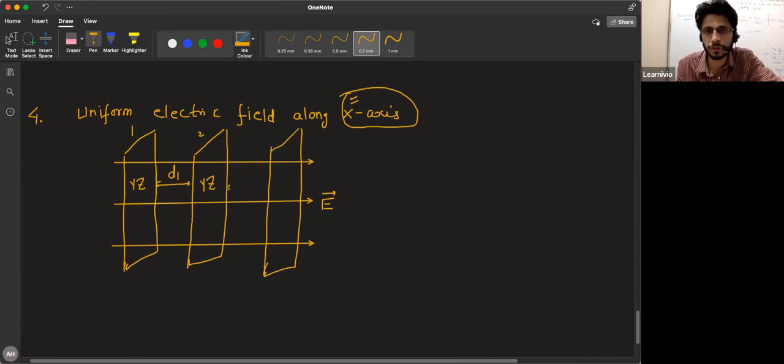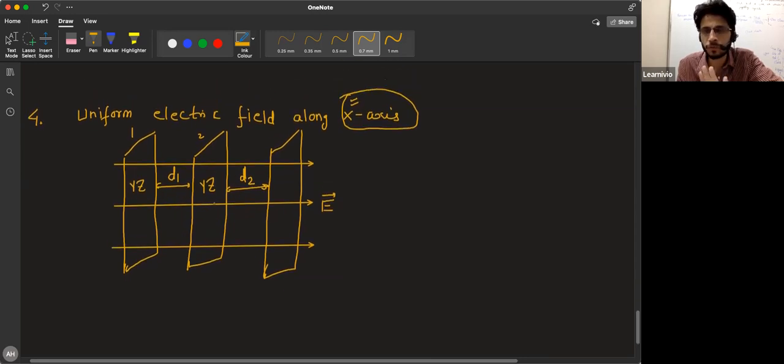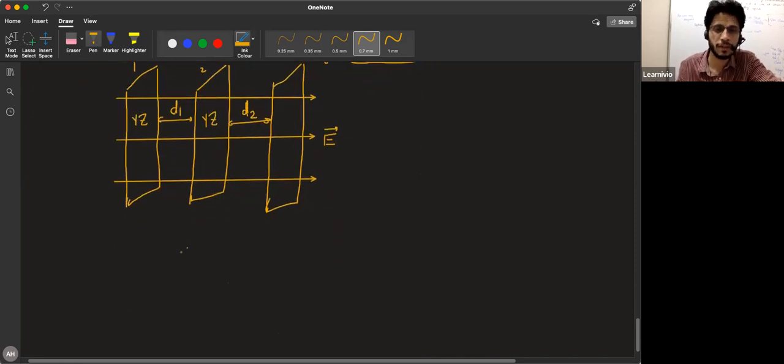Sir, the field is uniform, so it will be the same. Yes, it should be equal. You are right, Abid. The separation should be the same because the strength of the field is not variable. It is a uniform field. So you can say that D1 will be equal to D2, since the strength of the field has not changed.